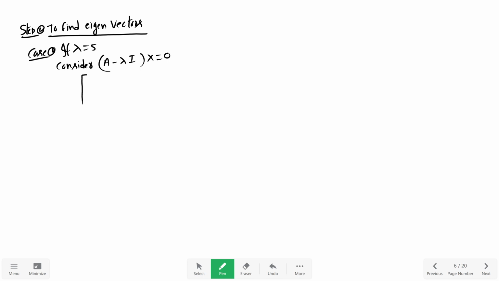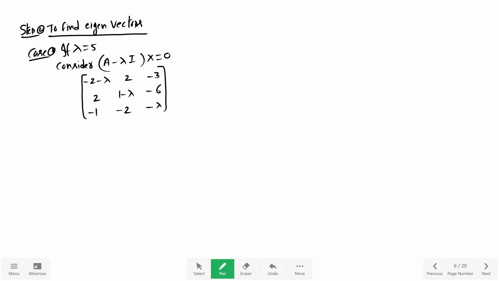The A minus lambda I matrix has first row minus 2 minus lambda, 2, minus 3; second row 2, 1 minus lambda, minus 6; third row minus 1, minus 2, 0 minus lambda.